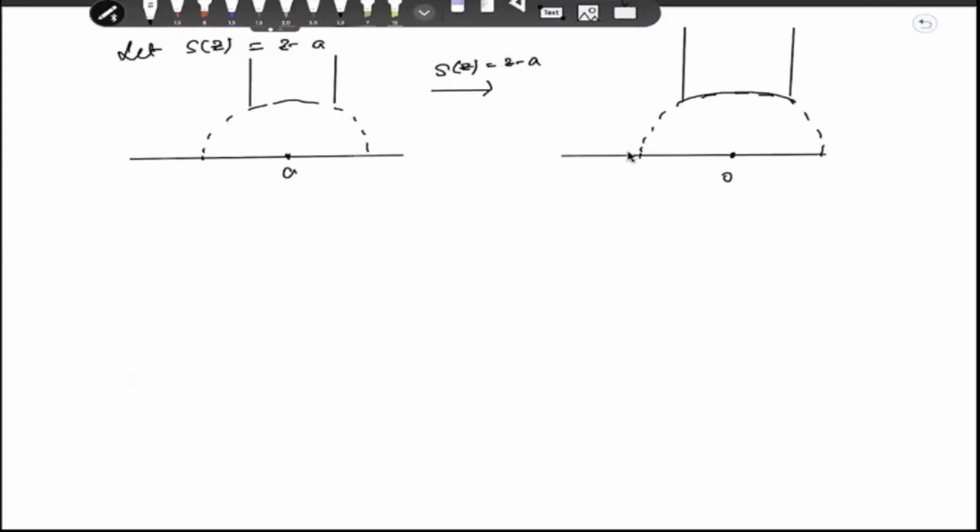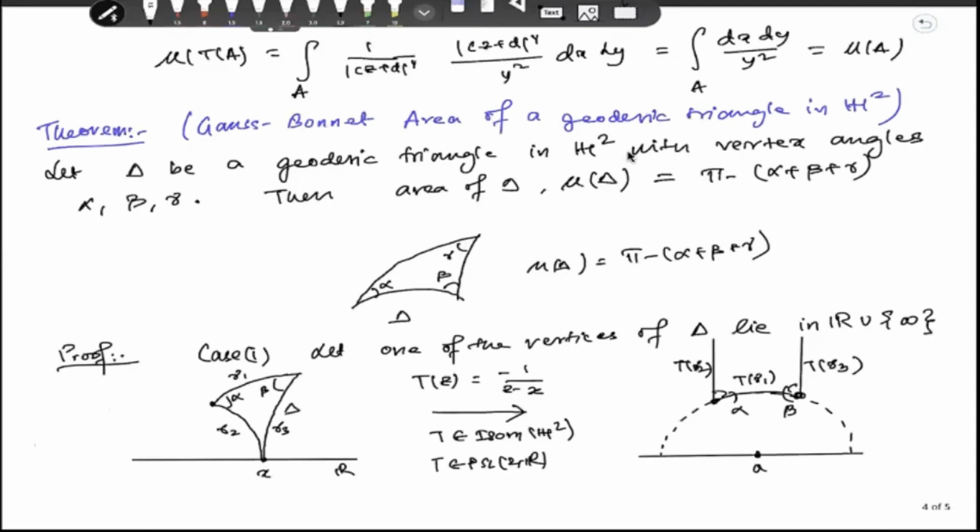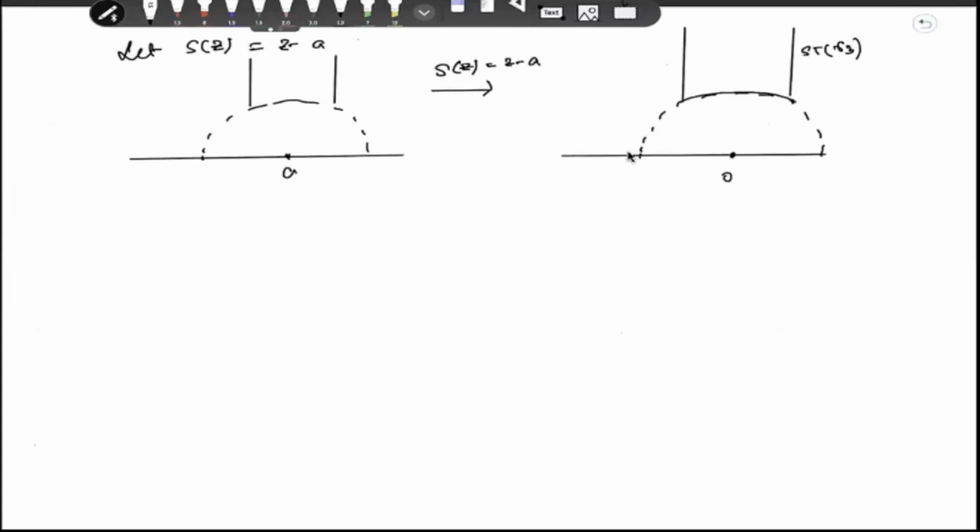This is S composed with T of gamma 3, this is S composed with T of gamma 1, this is S composed with T of gamma 2, and this triangle is S composed with T of delta.